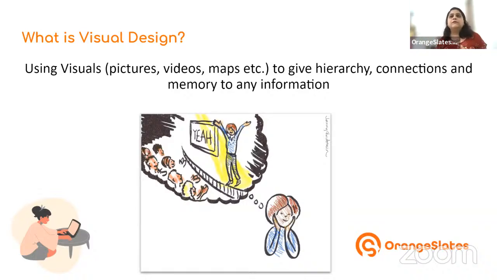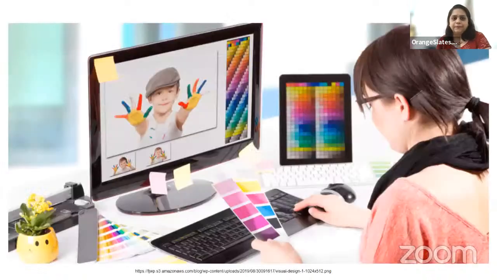And you use a lot of visuals. So nowadays we use graphic organizers, we are using movies, YouTube, then we go and use simulations, so that all the senses of the students are engaged and you learn in a better manner. So that is visual design.